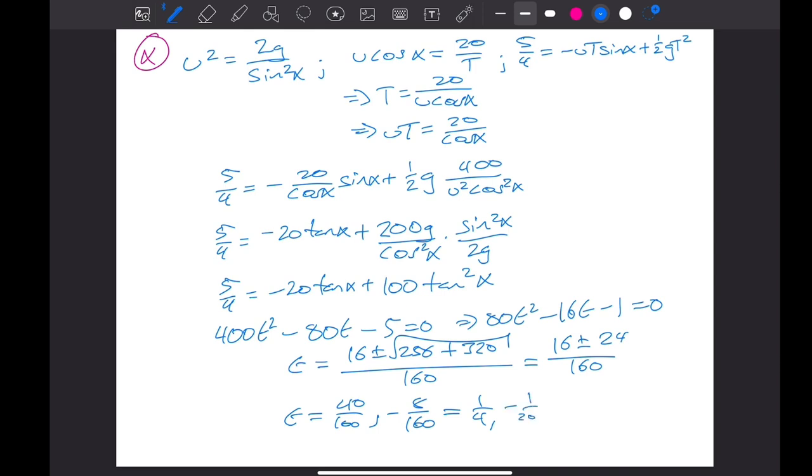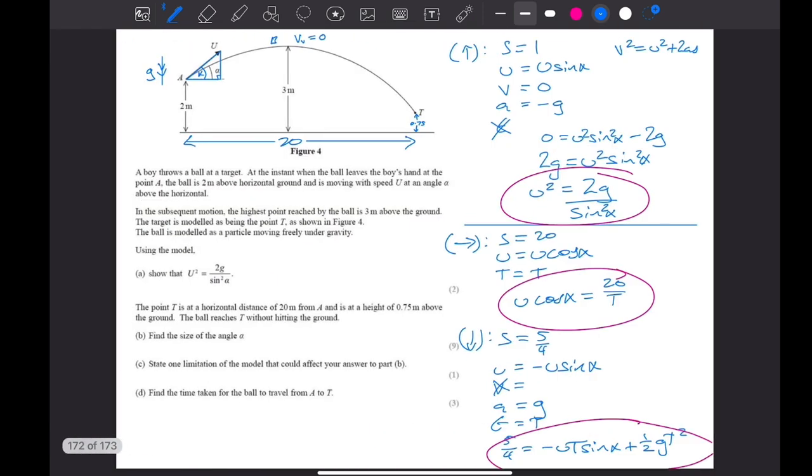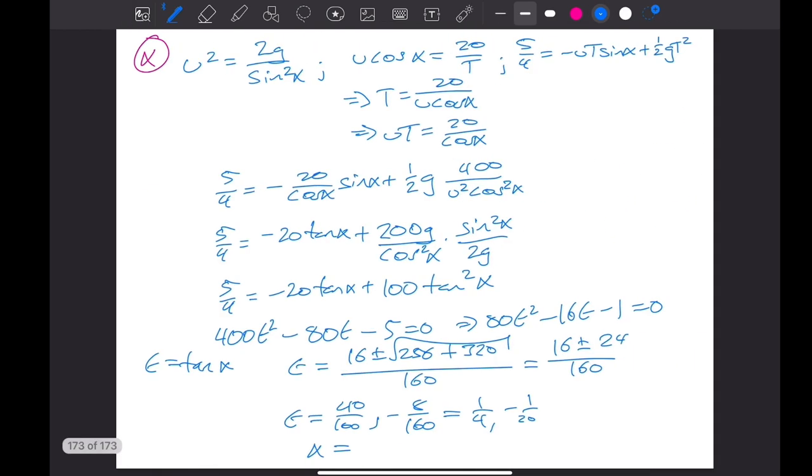Remember now that t was tan, so t is equal to tan alpha. So alpha then is the arctan of these things. And if you look at the path of the motion, it's going to have gone up. So we know that alpha is going to be positive. Do they specify that anywhere? I don't think so. It says it, right, it does, yeah. Angle alpha above the horizontal. So we know it's going to have to be positive.